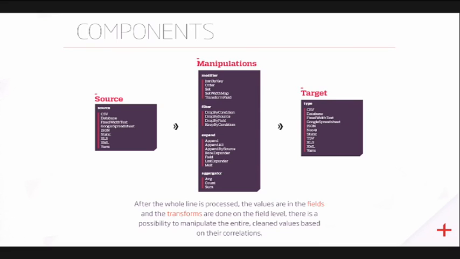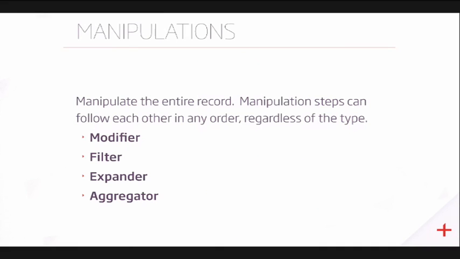And the manipulations have four different categories. The first is the modifier, which will modify one current record. The filter, which will make some kind of filtering. It will delete records, or delete columns actually, so it's working in the horizontal and the vertical way as well. And the expander, which will create more lines or more records. For example, if you iterate your lists, as I showed before, or when you want to use multiple files as a source. Because here we actually just use one file, but we can use as many as we want.